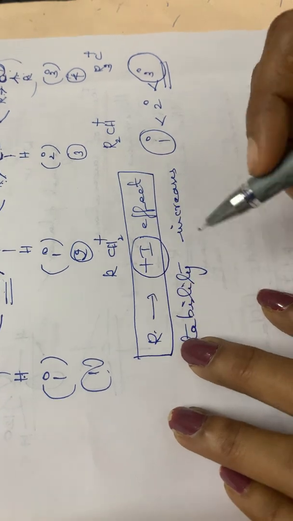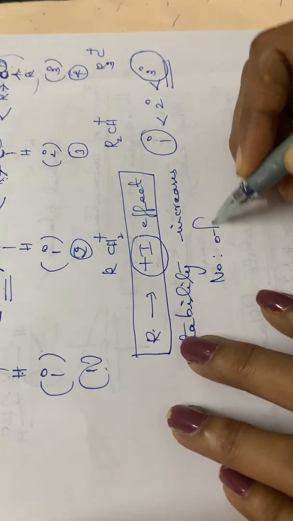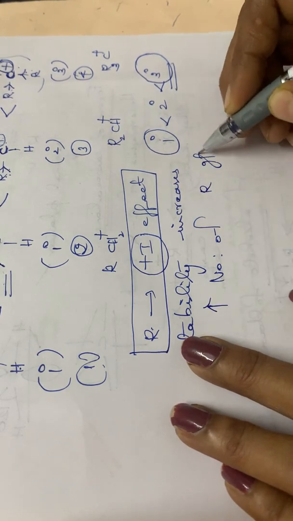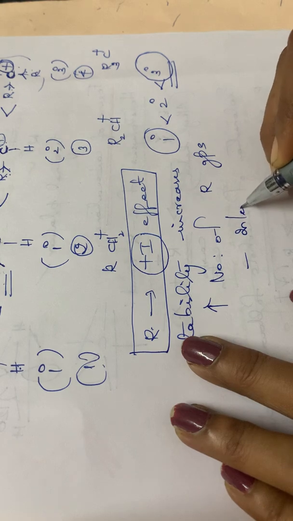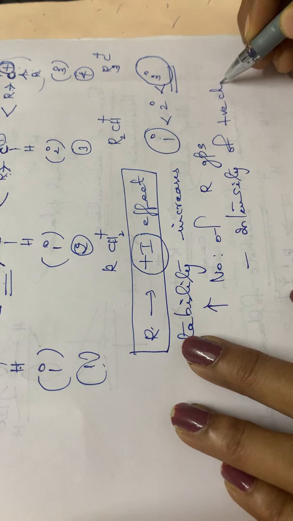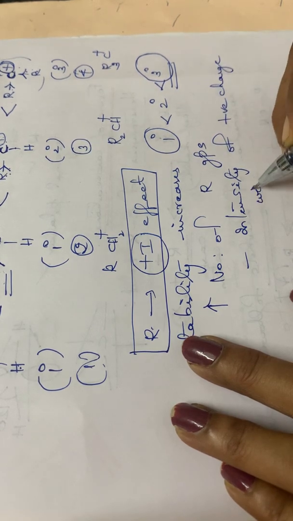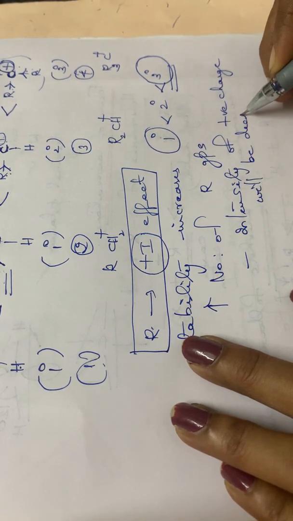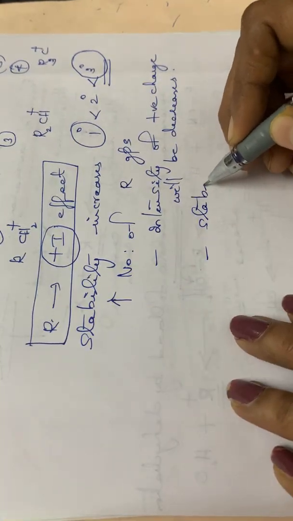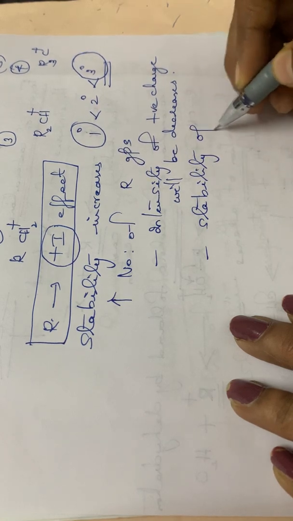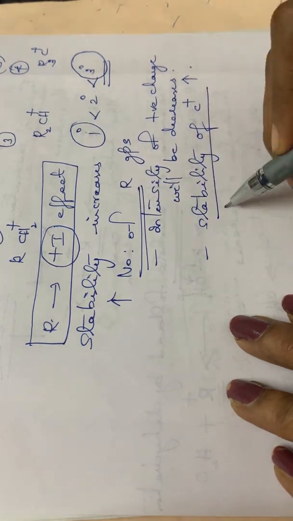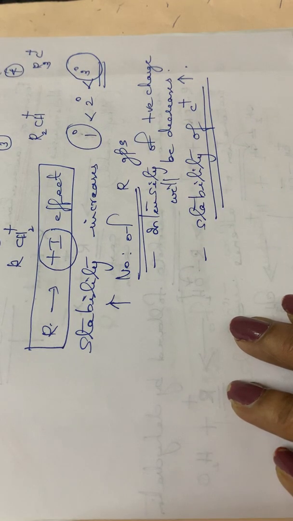So with the increase in the number of alkyl groups, the intensity of the positive charge will be decreased, and as a result the stability of the carbocation increases. So as the number of alkyl groups increases, the stability of the carbocation increases.